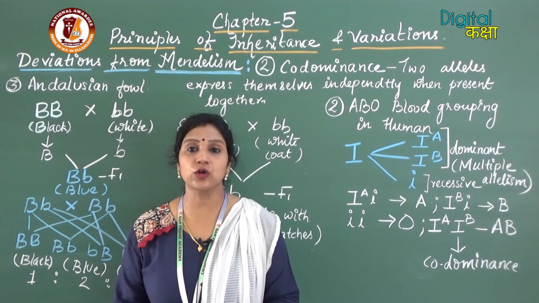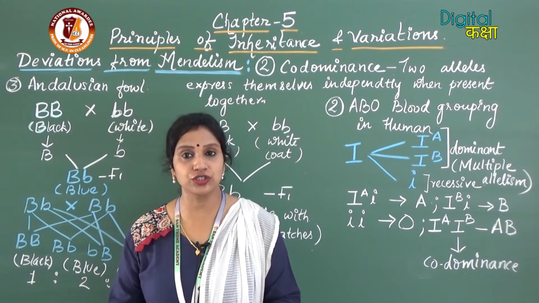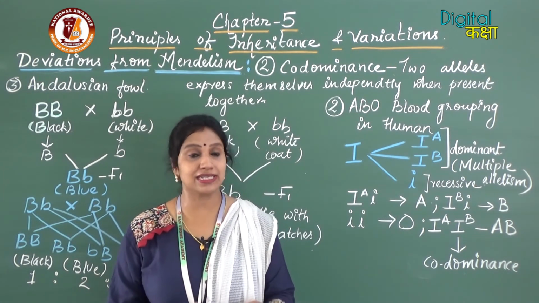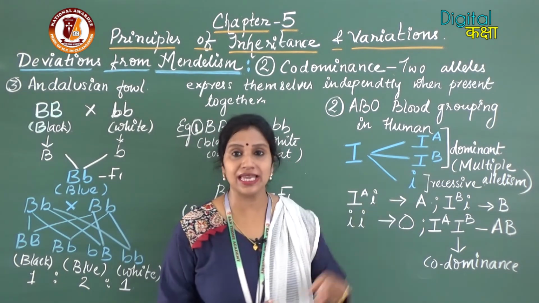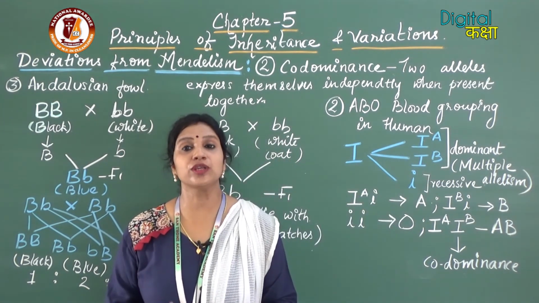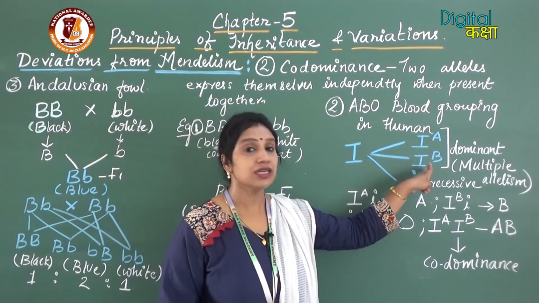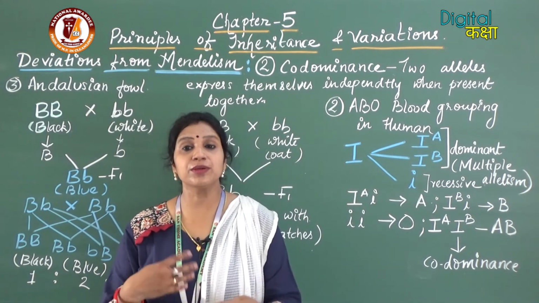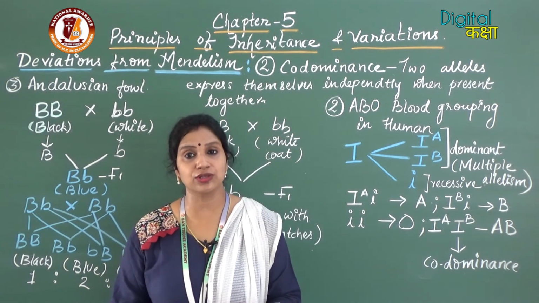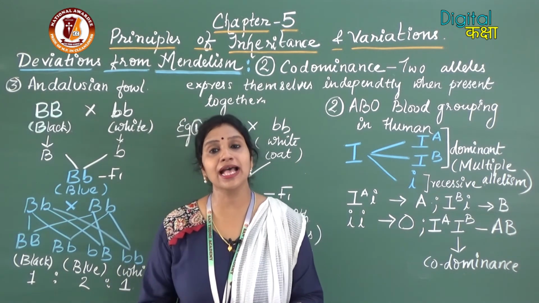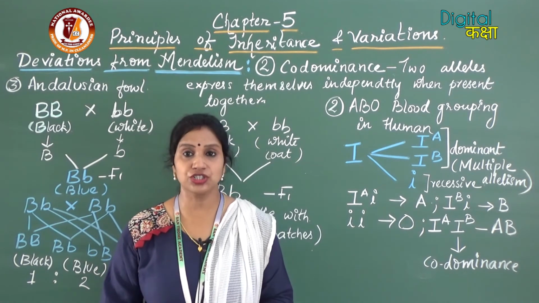IA will code for the A type of sugar. And if the person has the IB allele, IB will code for the B type of sugar. So when they are present together, they will produce both types of sugar, the A type as well as the B type.